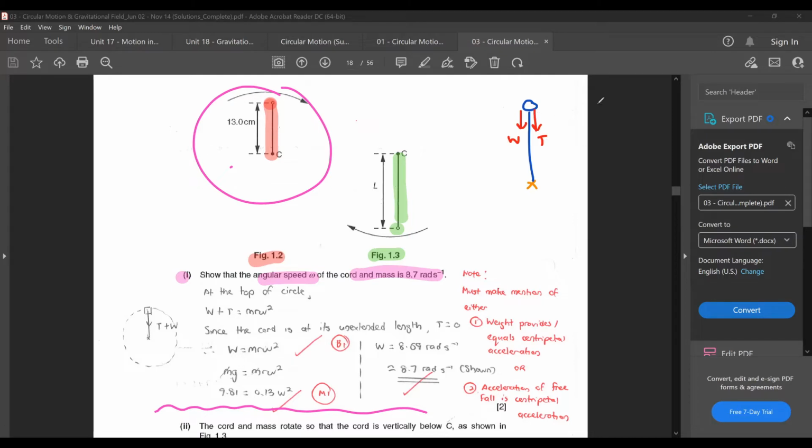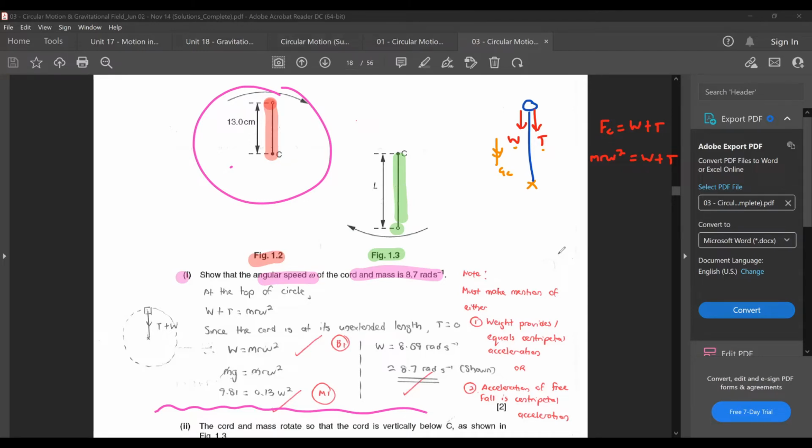So my centripetal force is W plus T, which in turn will give me m r omega squared. I already know that my centripetal acceleration is directed towards the center of the circle. So both these forces are in the same direction, therefore it is positive.